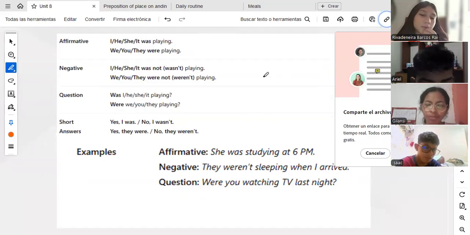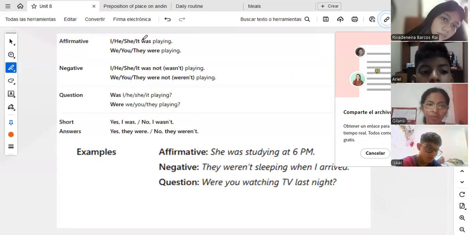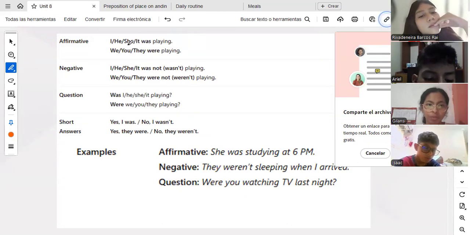Now we have affirmative. He, she, or it, we use was, right? With singular subjects, we use was. With plural subjects, we use were. I, he, she, it, was. We, you, they, were, right? So far, so good. Was or were. This means estuve, o fui, estaban, o fueron, right? Negative form.